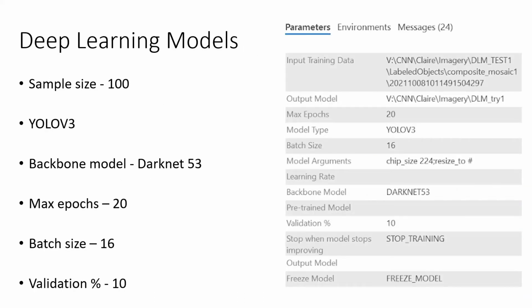So getting into the specific parameters of the object detection model, the sample size was about 100 samples. The model type used was You Only Look Once version 3. This is one of the most popular series of object detection models, and it's a one-pass detection model in which it detects objects in a single pass of an image.